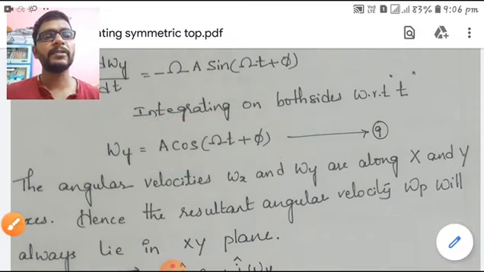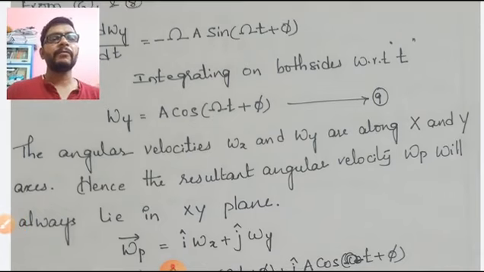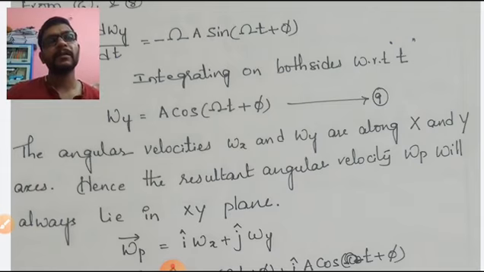So with the help of these two equations, omega x and omega y, the angular velocities omega x and omega y are along the x and y axis.